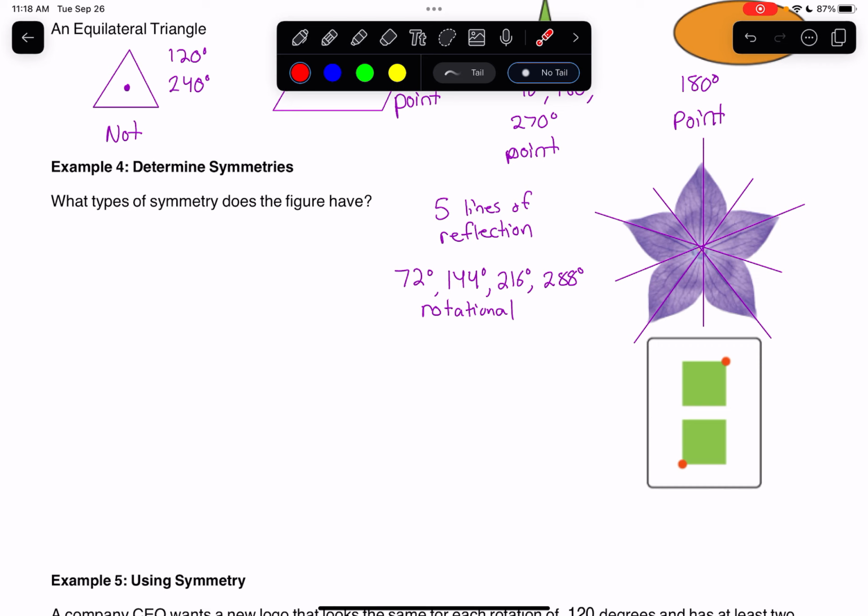So it doesn't have any reflections, but if we think about putting a dot in the center and rotating it around the dot, it does have 180 degree rotational symmetry, which also counts as point symmetry, and that's the only kind that that card has.